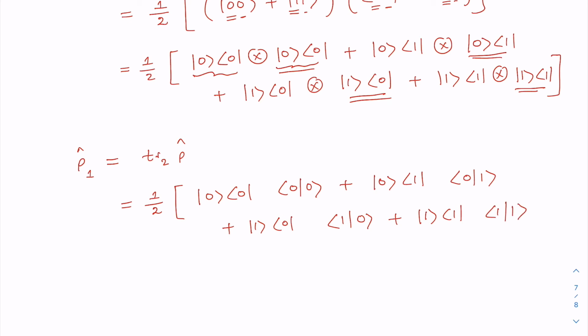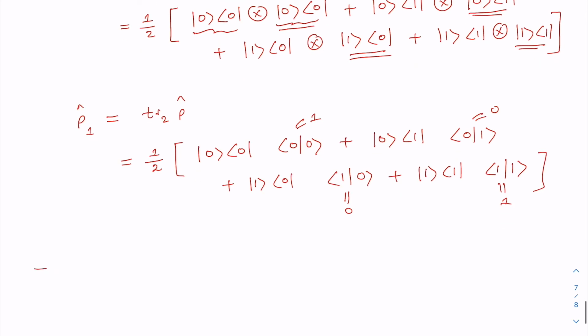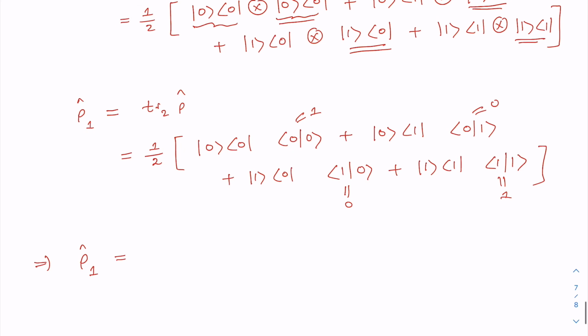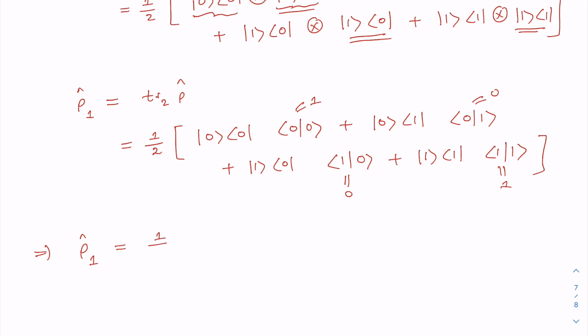Now |0⟩ and |1⟩ are orthogonal to each other, and because of that, this is going to give me 1, this is going to give me 1, but these are orthogonal, so this term will vanish. Therefore the reduced density matrix rho 1 for the first transmon qubit would be a half of |0⟩⟨0| plus |1⟩⟨1|.